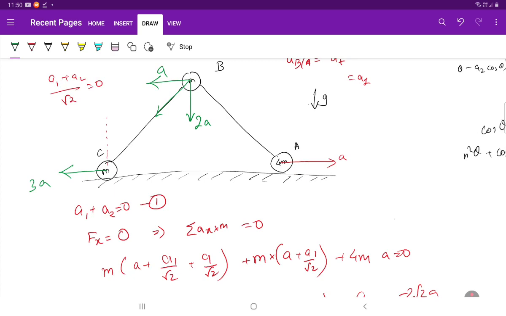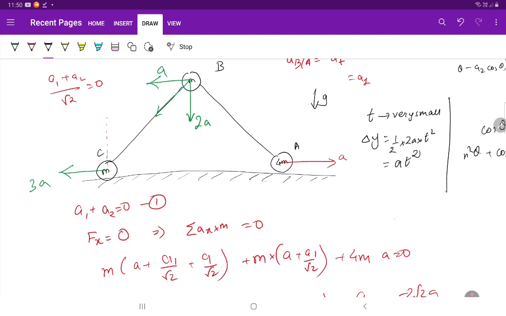Now we have to consider the virtual work method. Suppose in an infinitesimally small time t, the height by which b will descend will be delta y, which is half times 2a times t square, which will come out to be at square.